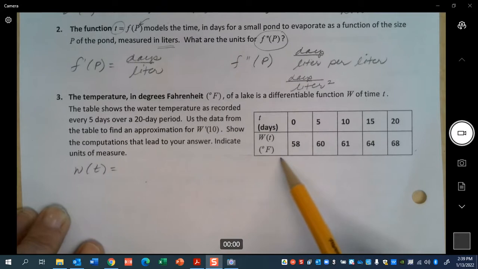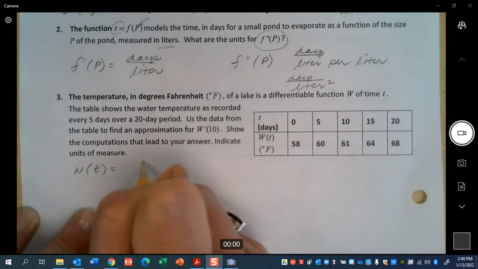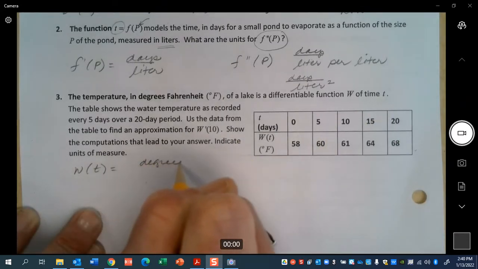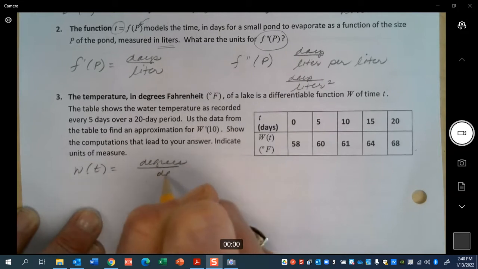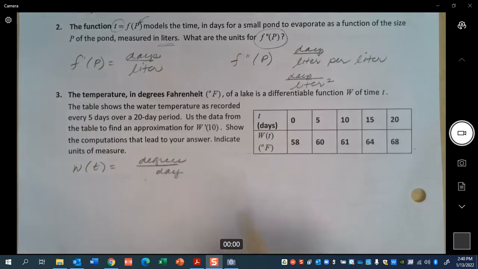I'm measuring my degrees per day. If I'm looking for the derivative, I'm looking for the rate of change of the temperature per day. If I was looking to see how that rate of change was changing, that would be my second derivative, the degrees per day per day. But we're not doing it per day, we're doing degrees per day.